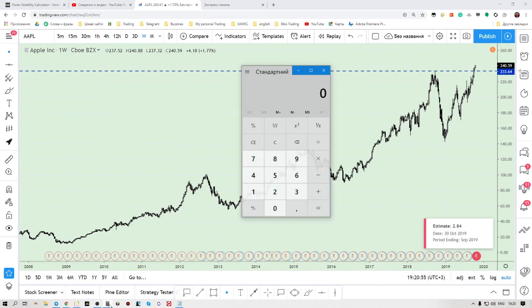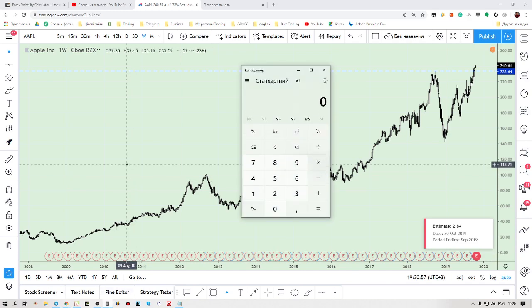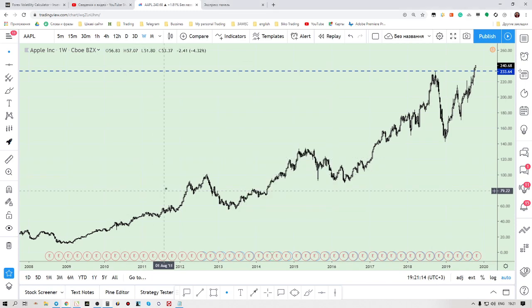I want to see how many times profit rose up. 0.84. A few seconds. In 6 times, 160 times. You see that the stock price rose more than dividends and profit.